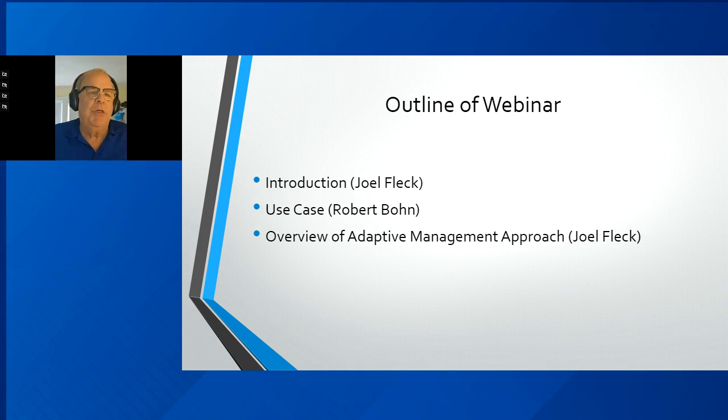Bob is going to present one of the use cases that has been instrumental in driving the work forward and directing the work. And then finally, I'll wrap up with a few slides on the work as it currently exists. Now, as you'll see later, this is a work in progress, certainly not a complete work, but we will give you an update on where we stand now.